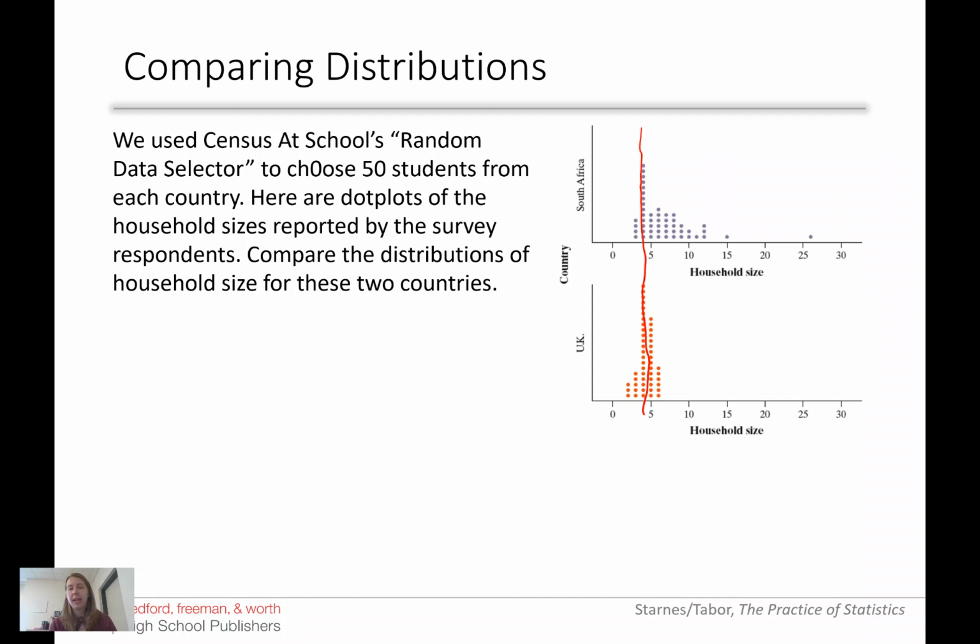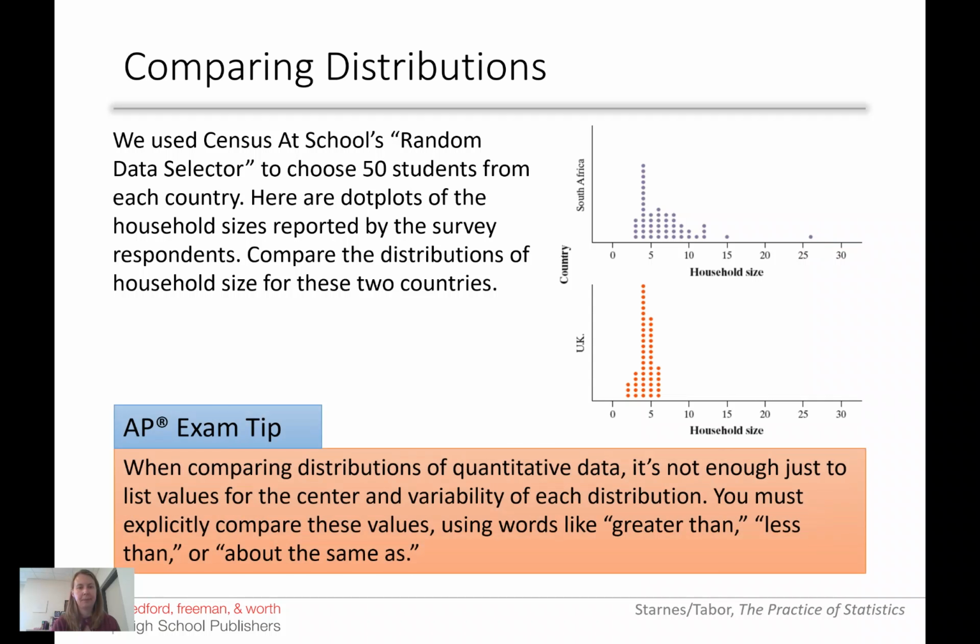But in the UK, the household size is much more clustered, and it's roughly symmetric. This is pretty good for symmetric data. You're not going to have perfect symmetry. Whereas South Africa is spread out more, and it has definitely a potential outlier here and a gap from 15 to 25. So there's definitely more variation in the South African household size.